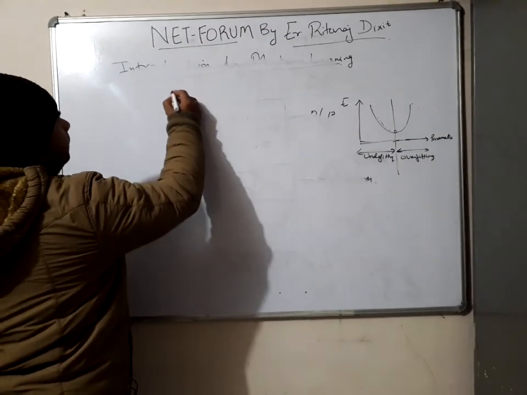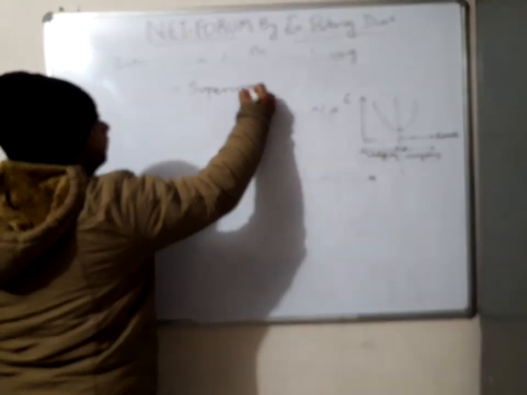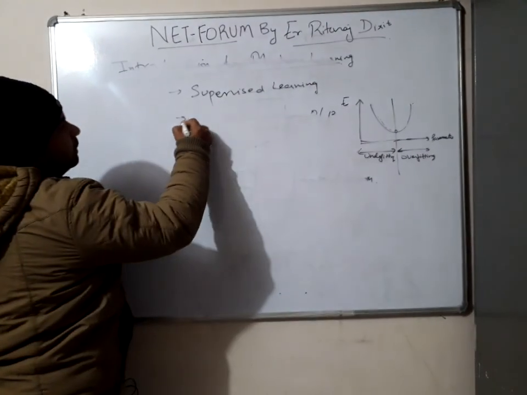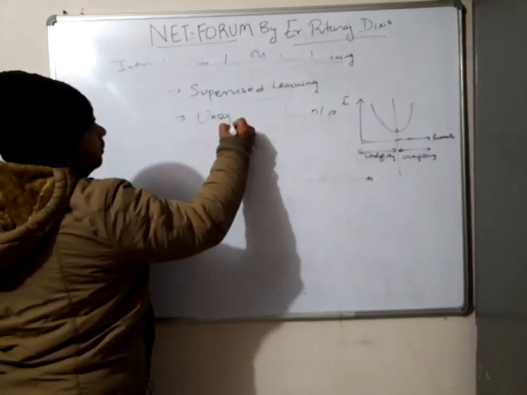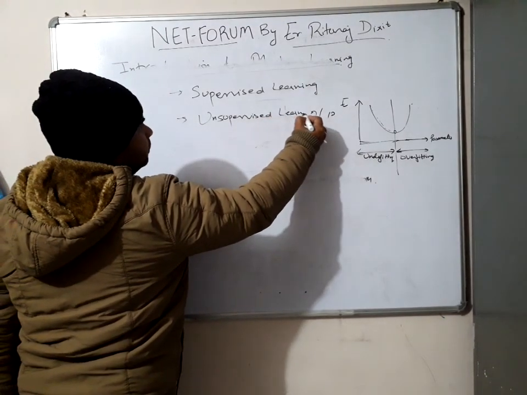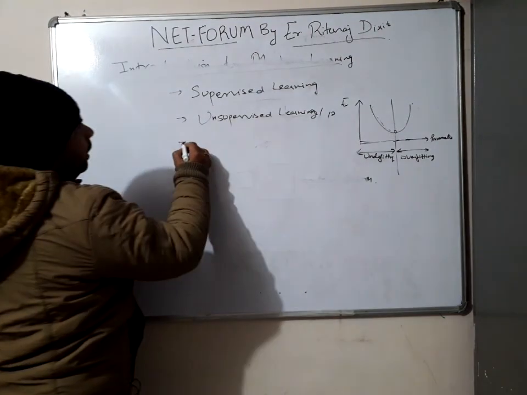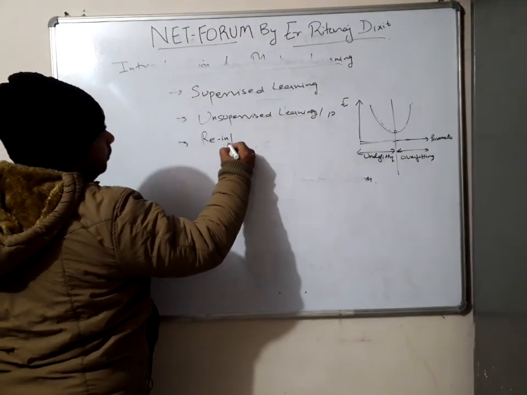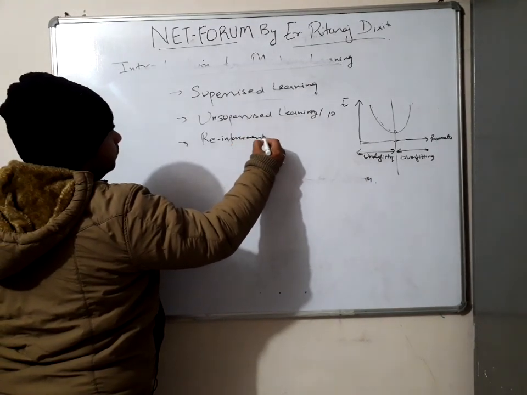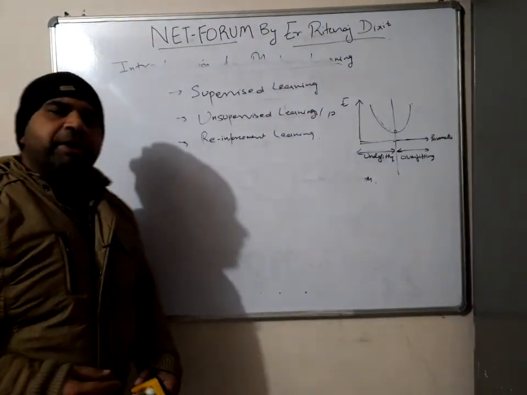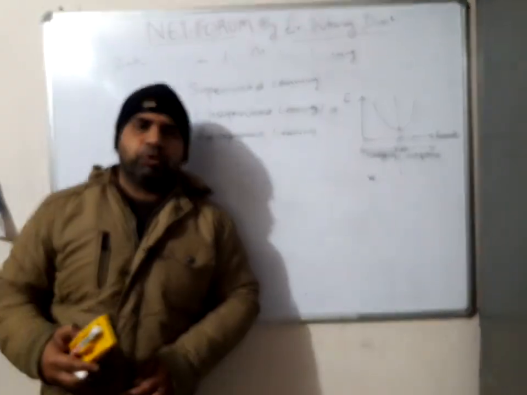First one is known as supervised learning, then we have unsupervised learning, and we have reinforcement learning.